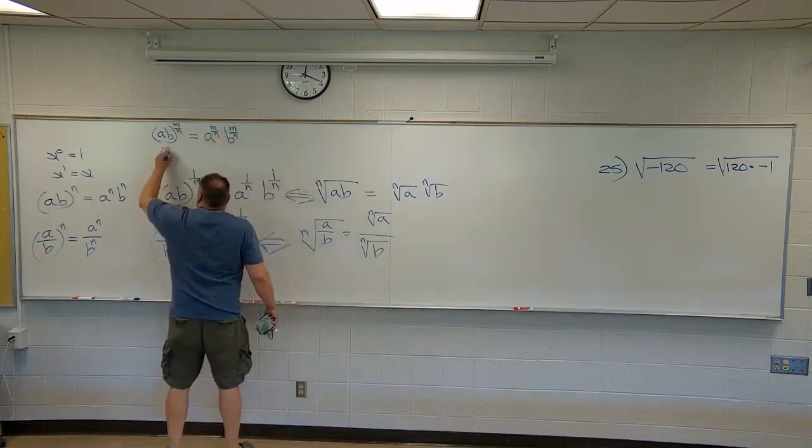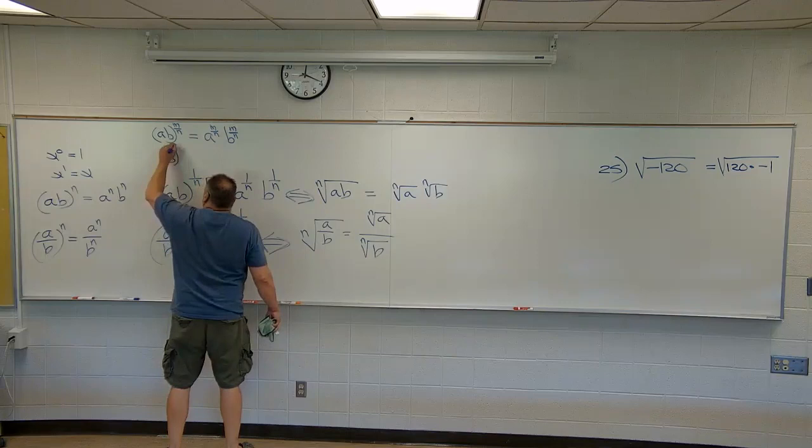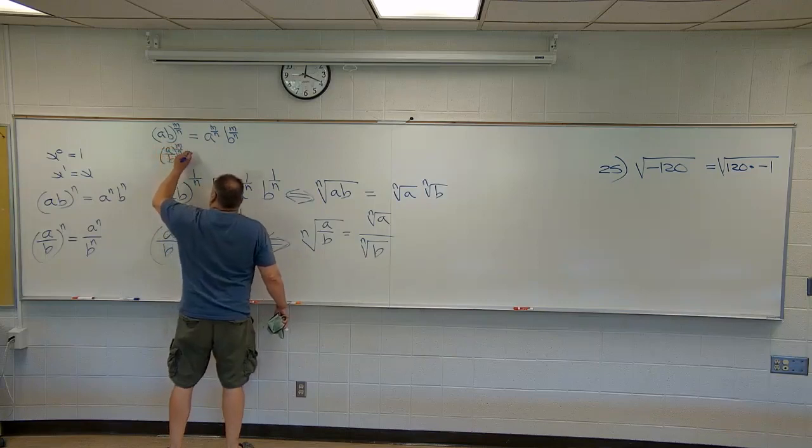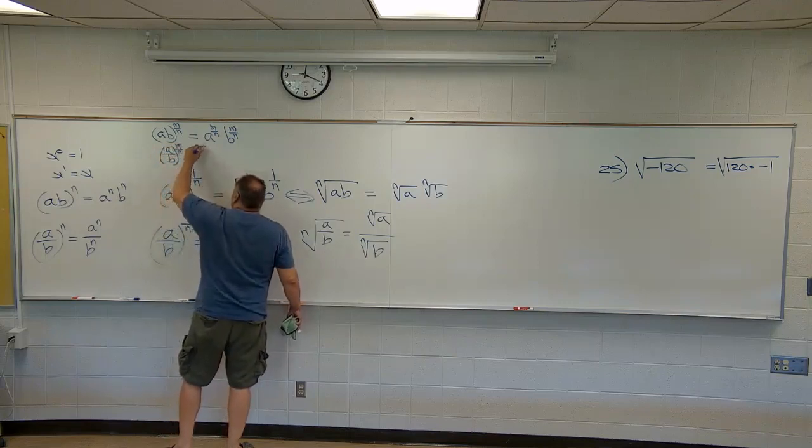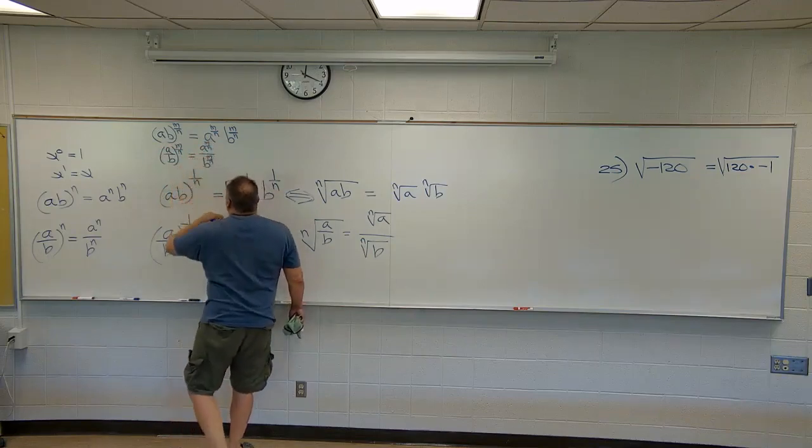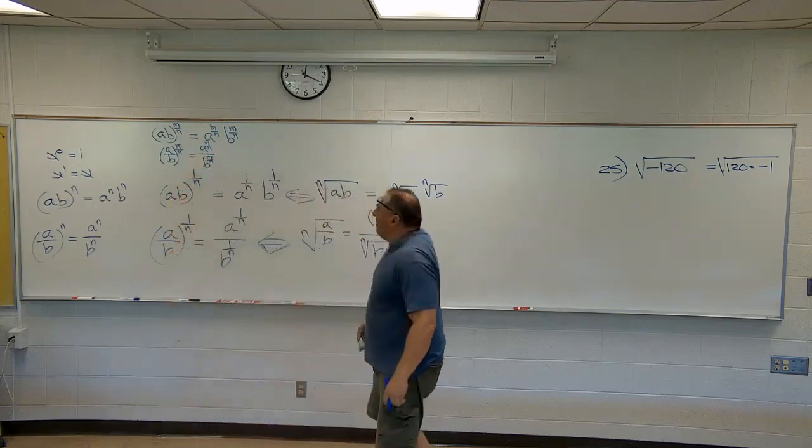If you got a over b to the m over n, it's a to the m over n divided by b to the m over n. Absolutely.